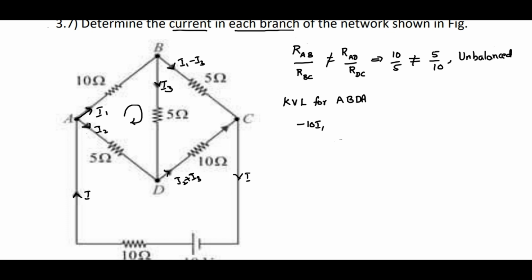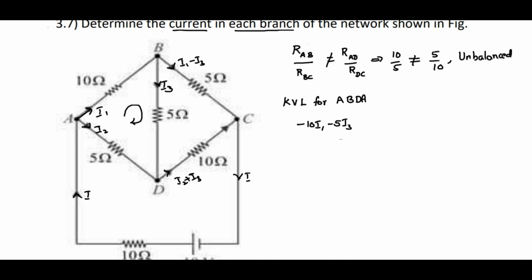Why I am using minus: the potential is decreasing in the direction of current I1. And from B to D also the potential difference decreases, so this one will be minus 5 I3.